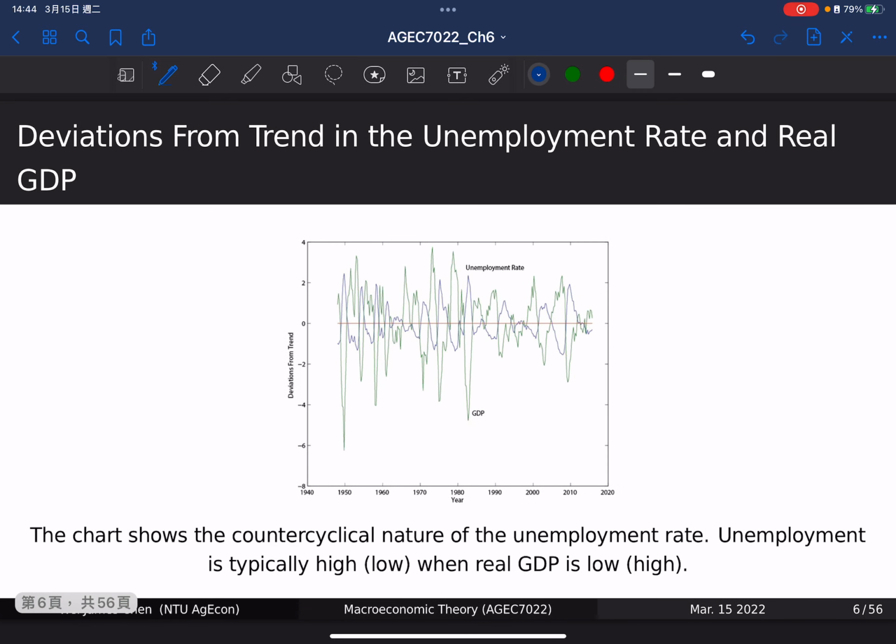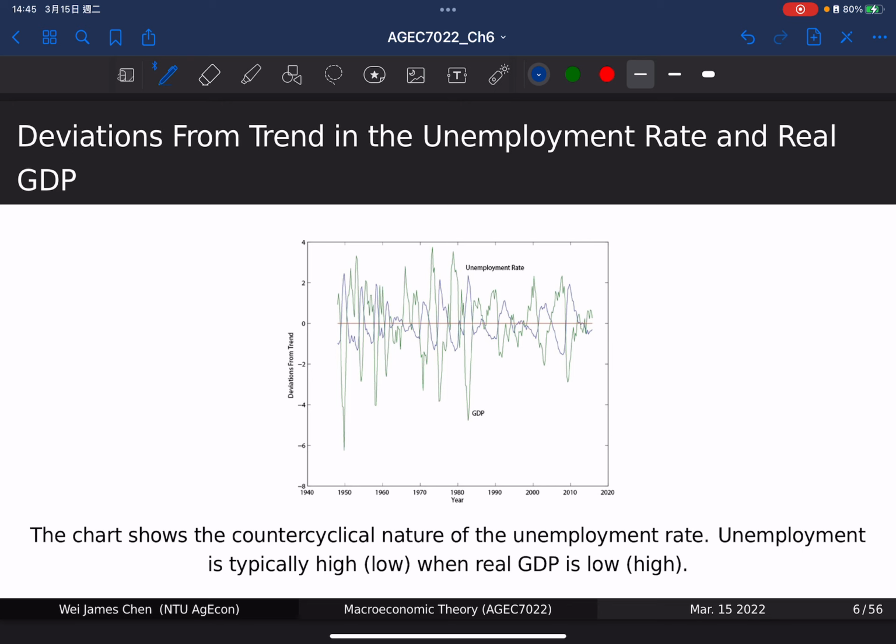And if you see this, this is deviation from trend. We talked about this last time. The red line is 0. We're not talking about the total path. This is deviation from trend, where we divided out the trend. And you can see that the blue line is unemployment rate and the green line is GDP. When GDP is low, unemployment rate is high.